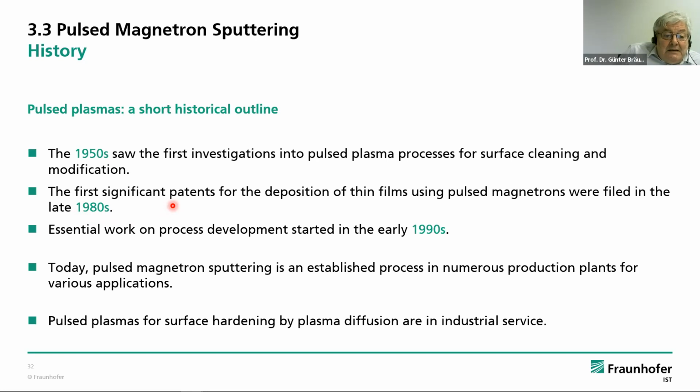And as I said, today pulsed magnetron sputtering is an established process in numerous production plants for various applications, and it will deliver the best film quality, but not the best, because the best film quality maybe is made by Ralf, by HIPIMS. But at that time, pulsed magnetron sputtering was a very big step.